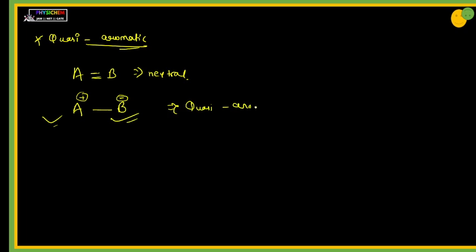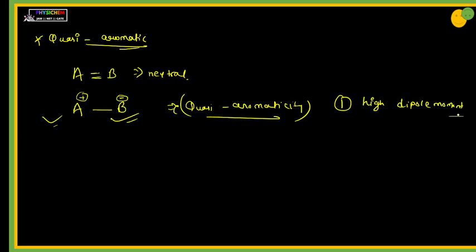Now we will look at the example. Why do we call it quasi aromaticity? Also, one thing is very important that will be asked in your exam: what is the application of quasi aromaticity? The first application is that if a compound has quasi aromaticity, then it has a high dipole moment. Sometimes they don't ask about quasi aromaticity directly.